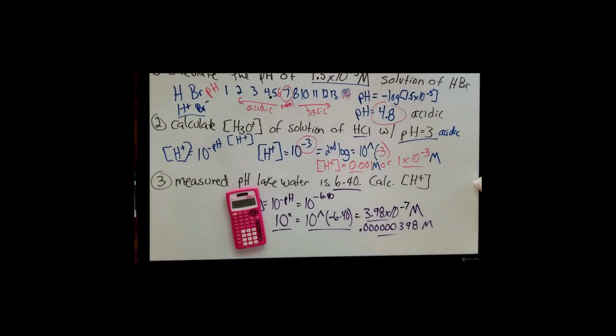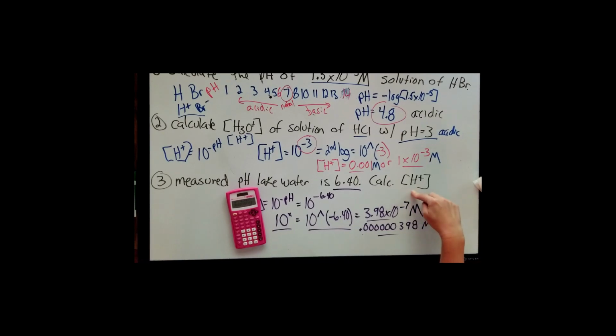I want to point out with the concentrations, notice the concentration in number 3 is times 10 to the negative 7th, so a very, very small number, right? Number 2 is 10 to the negative 3rd, so not quite as small. The higher the concentration, the more acidic it is, because this concentration of H+ is how many H+ ions from the acid are present.